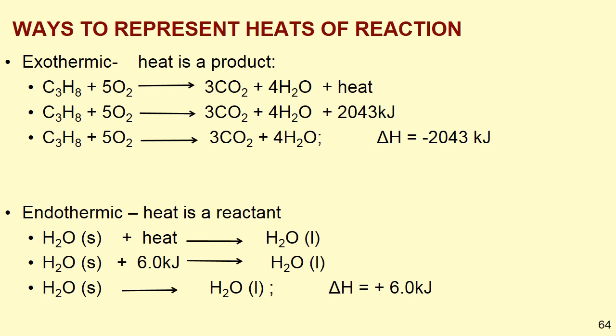It's endothermic if you see it as a reactant on the left-hand side of the arrow. If you don't see the heat listed in the actual reaction, like the third example, but you see a delta H, if it's a positive delta H, that means endothermic. So any of these ways are ways to write heat in as a product, exothermic, or as a reactant, endothermic. So that's enough for this segment of Unit 8, and we've got one more to go.